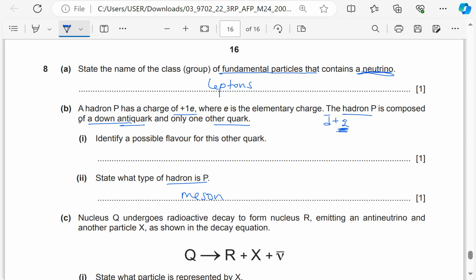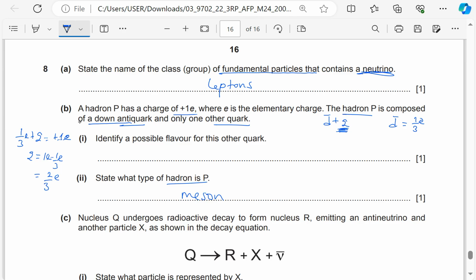So the other quark, because the anti-down has a charge of 1/3 e, so 1/3 e plus q should give us positive 1e. So what is q? q is going to be 1e minus 1/3 e, which is the same as 2/3 e.